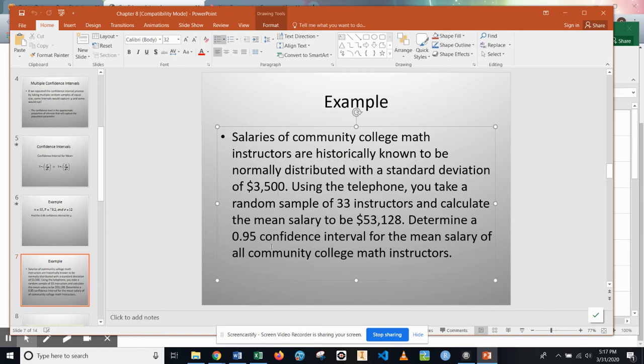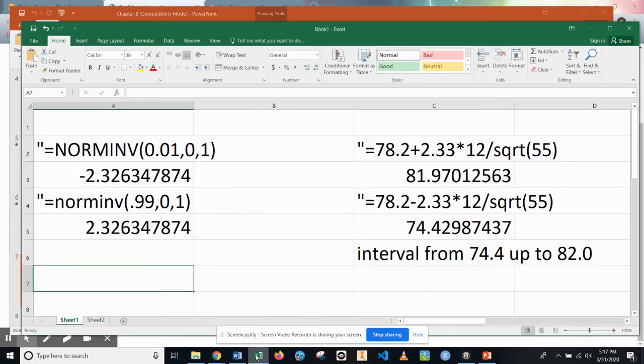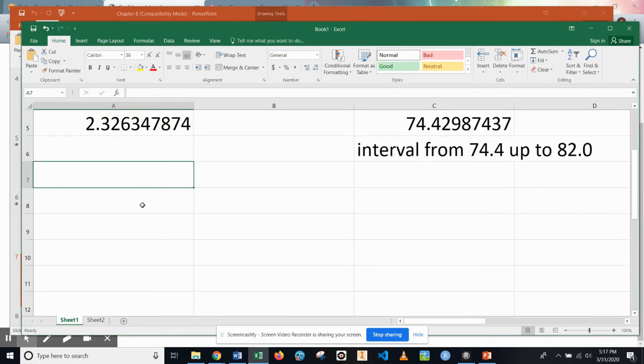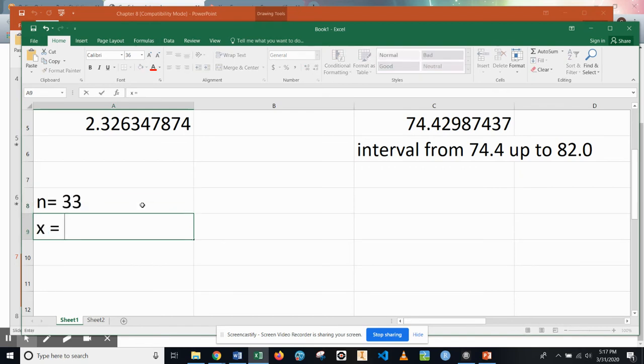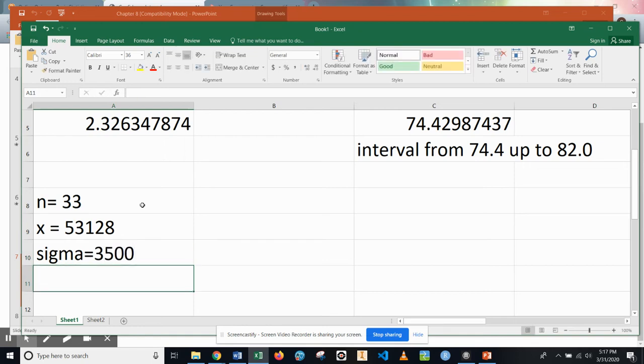So when I go into Excel and I want to build this confidence interval, let's write out the things that we know. So we know n is 33. We know the mean is 53,128. We know that the standard deviation, I'm going to call it sigma, not to confuse things later, is 3,500.